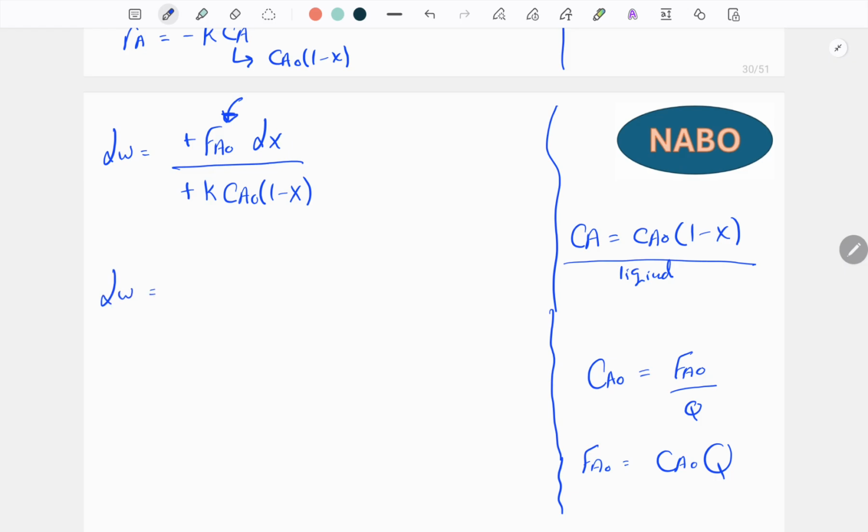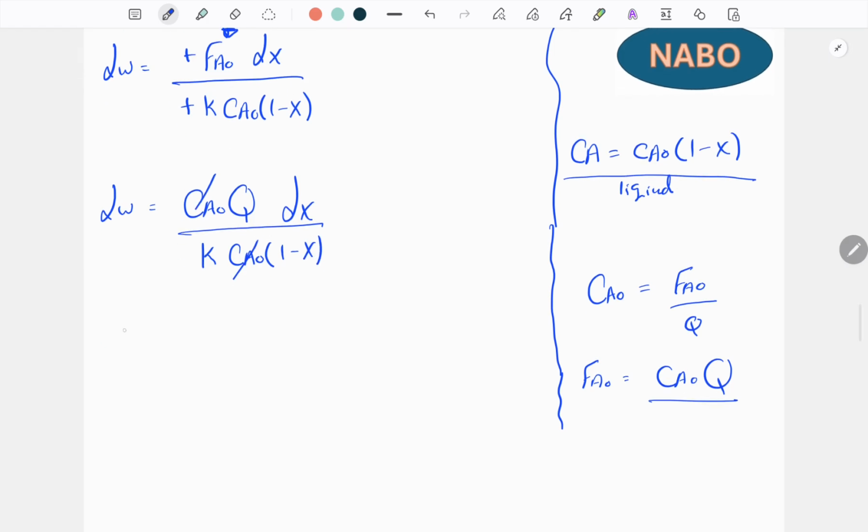Therefore, dW equals, instead of Fa naught, we'll use Ca naught times Q dx over K Ca naught 1 minus x. The concentrations will cancel out. We'll be left with dW equals volumetric flow rate over K, dx over 1 minus x.